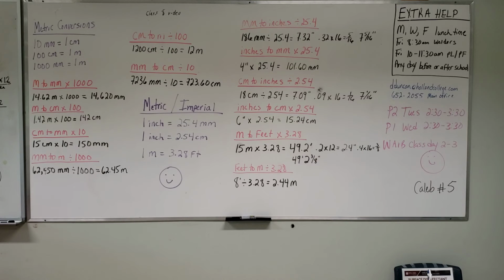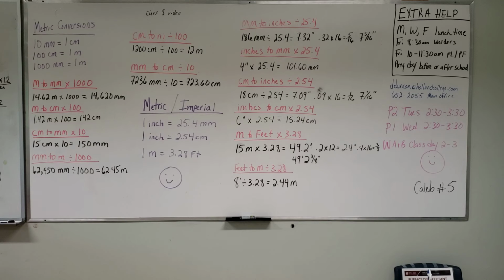Inches to millimeters, so we have 4 inches, we times by 25.4, we get 101.60 millimeters. Again, if we were asked to round that to the nearest millimeter, we would round that to 102 millimeters. We're going to get into a case now you really need to read the questions. Sometimes it will ask for decimal place here.